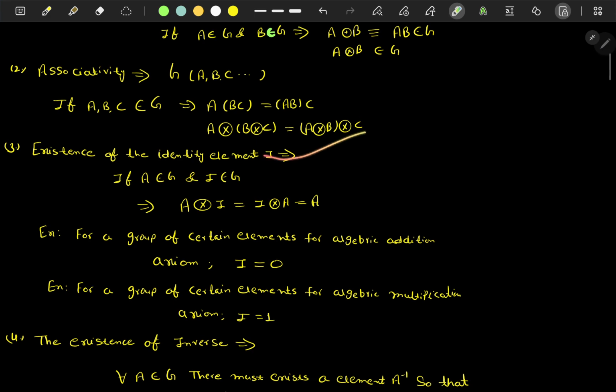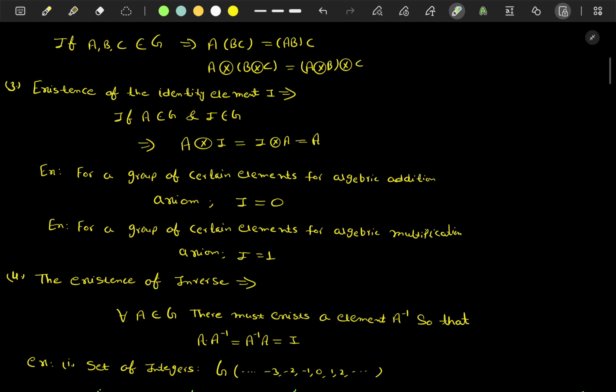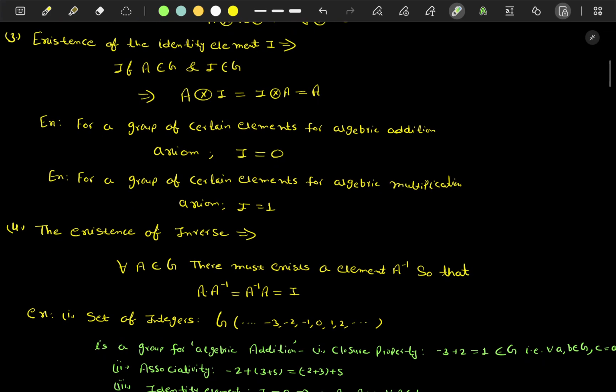Now, identity element. If A is an element of G and I is an element of G, then it should follow this condition: A operation I must be equal to I operation A and must be equal to the element A. Then we will say there exists an identity element of the group.